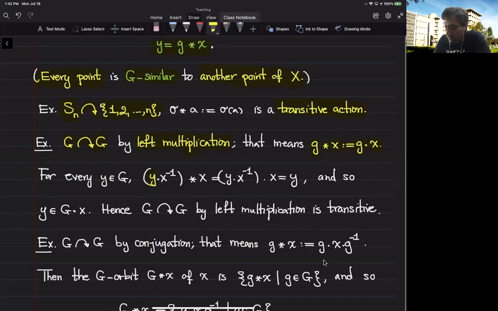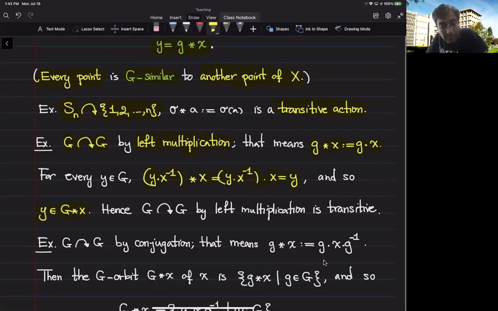So for every y, y x inverse acting on the point x gives me y x inverse times x. These cancel out and I end up getting y. Maybe I should write the star here because the action is given by star, but what I wrote is correct.